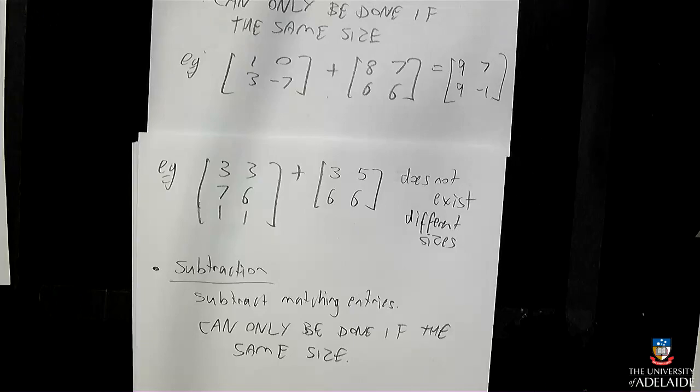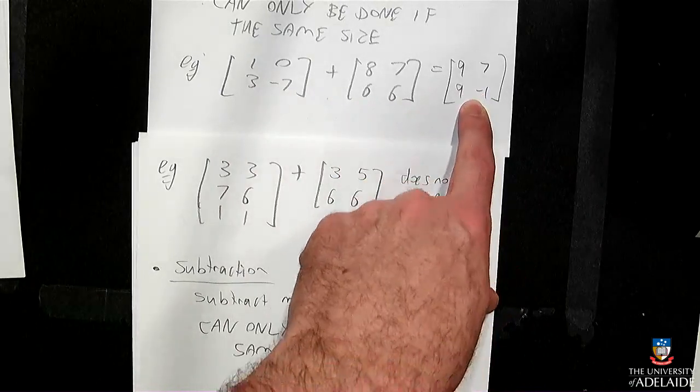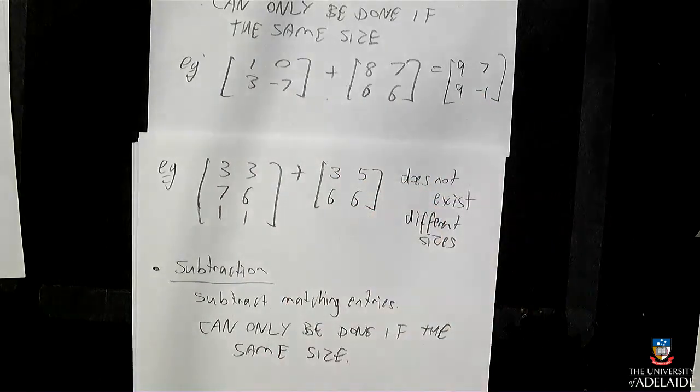So now we could do some fun games where you could say, well, think of a different pair of matrices that adds up to 9, 7, 9, minus 1. And there are infinitely many possibilities that you could choose, and matrices do just add that way. Okay. And subtraction is the same. But to be fair, back with numbers, subtraction wasn't all that different to addition. They're at the same level in the order of operations. You do them in whatever order they come.